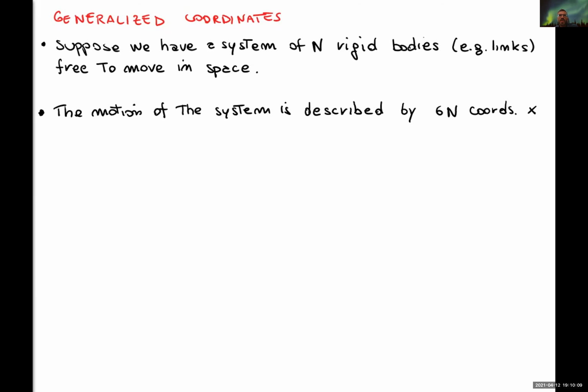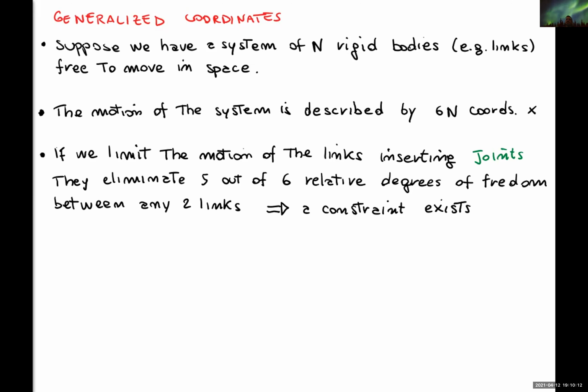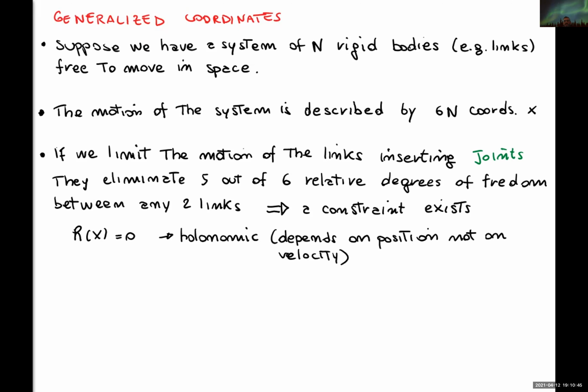Then let's assume we are going to limit the motion of these bodies, these links floating in space, and we limit this motion with certain joints. These joints will allow only one relative movement between two bodies. So in this case, of the 6 degrees of freedom of each body, we eliminate 5 of them, because we introduce constraints between any two subsequent links. We call these constraints holonomic constraints because they depend only on position and not on velocity.